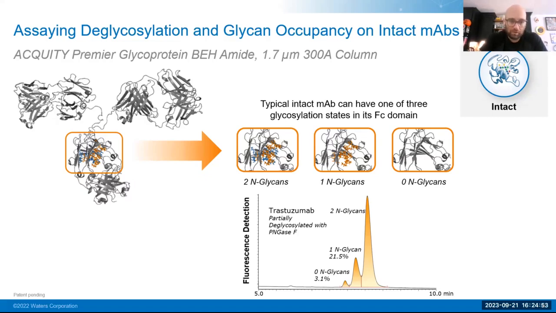So are we seeing two spots of glycosylation, are we seeing one, or are we seeing zero? And this is very important to understand, again, because we may not get discrete identifications of particular glycans, but this will provide us an understanding of how well the cell is actually not only producing the protein, but actually modifying it through glycosylation. And then you'll see here the ability to actually separate these species.